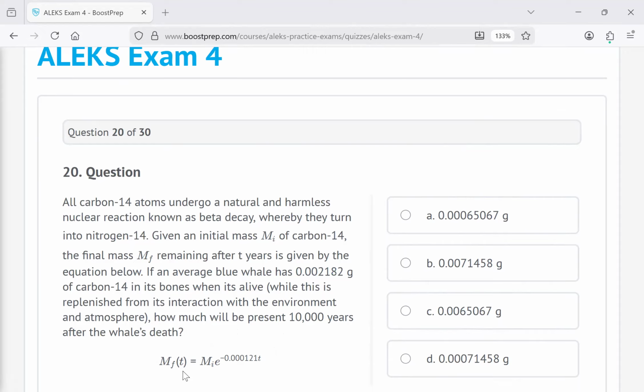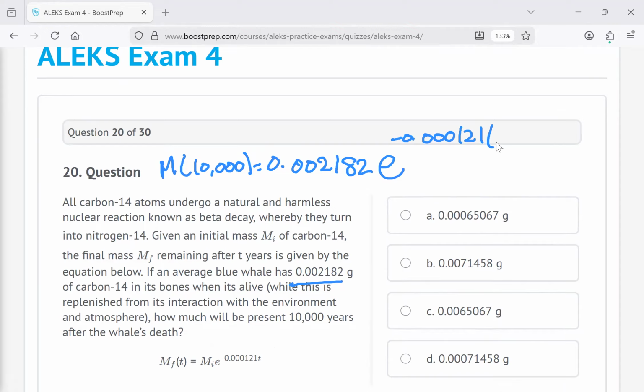So it's M of 10,000, and then Mi is your initial value. Your initial was 0.002182, and then it's e raised to the negative 0.123121 times the time, which was 10,000 years.